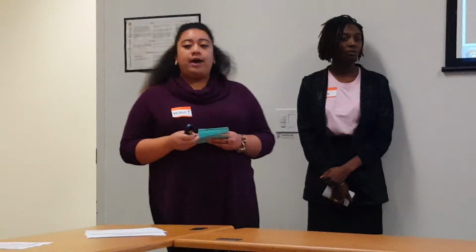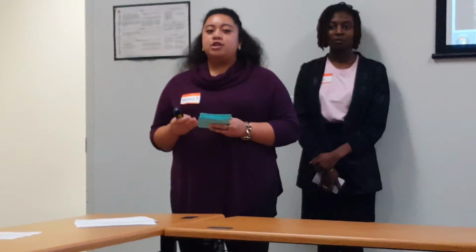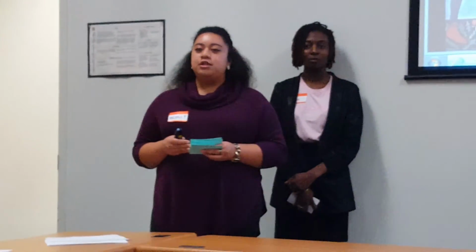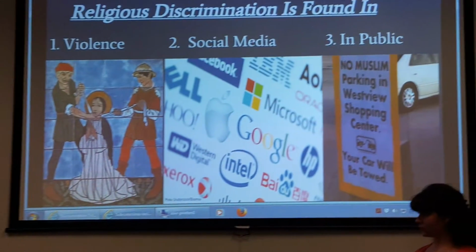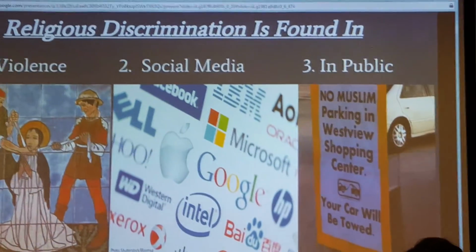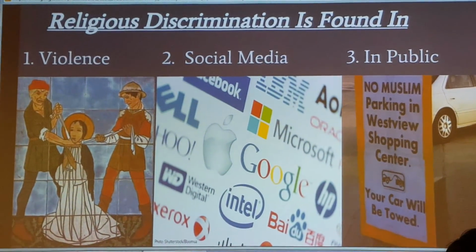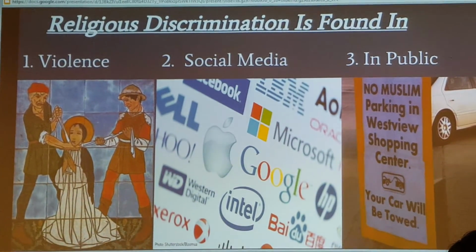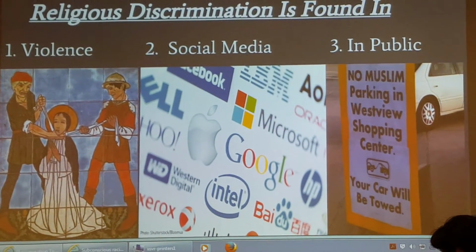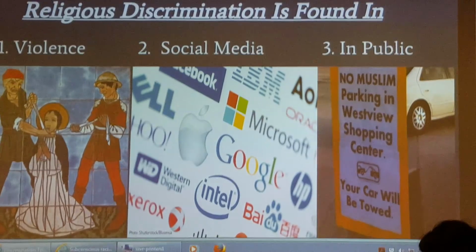It's being found in violence. There is a lot of disagreement because of a religion, or people are being killed because of their religion. Religious discrimination is being found in social media. There are many stereotypes that aim for people like you and I to turn against a religion or have a negative opinion for a religion.